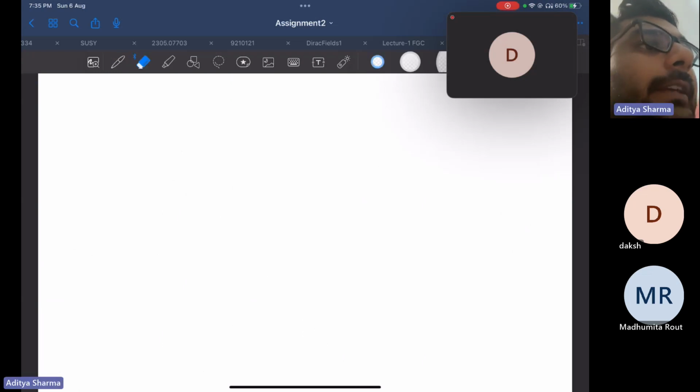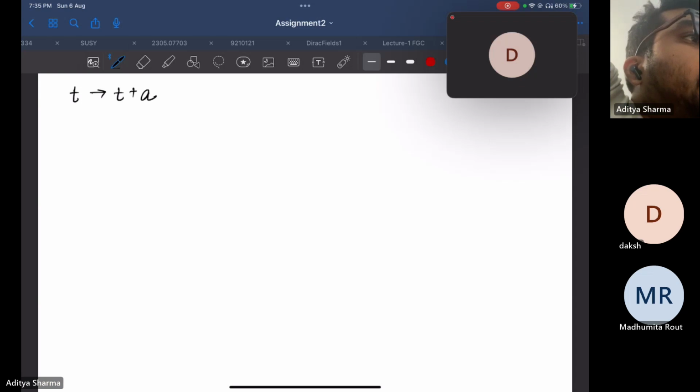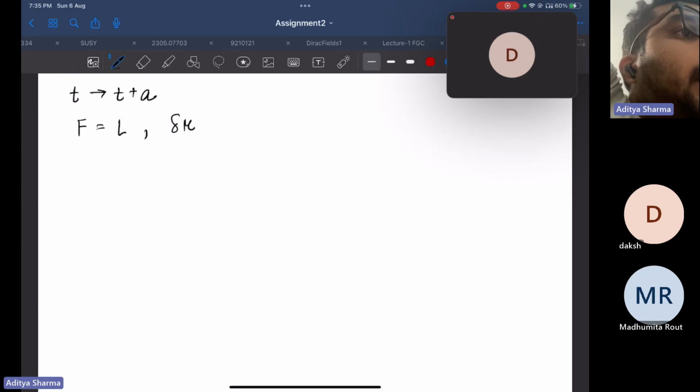when you want to find the symmetry with respect to time translations, you're going to find that your F will be L, and delta R will be R dot.